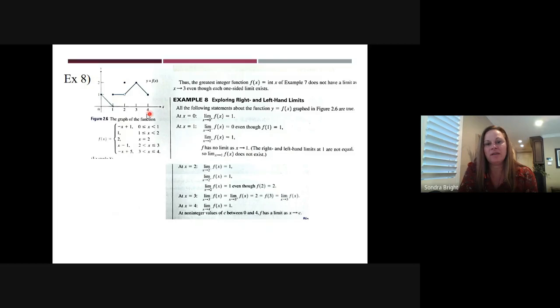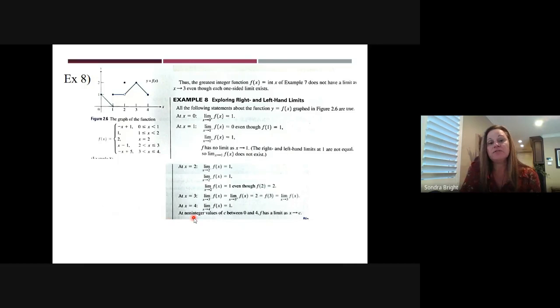That's going to come into play in a couple of sections when we talk about continuity. At 2, this function's not continuous, but when x is 3, it is continuous because you don't have to pick up your pencil to draw this part of the graph there.